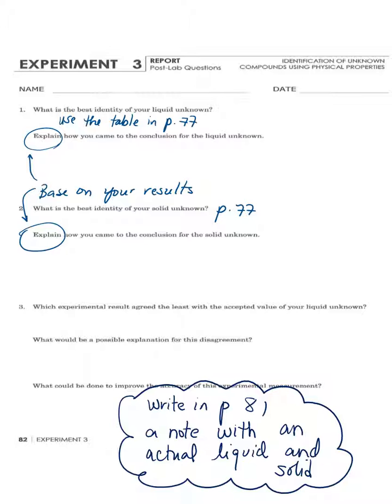You're going to look at the table, and based on your density, boiling point, and solubility, you're going to identify a possible liquid: methanol, ethanol, acetone, whatever it is. So write down the liquid and the specific liquid that you think you have. And then do the same thing for the solid. Put a small note in the corner of your paper with the solid and which solid you have.